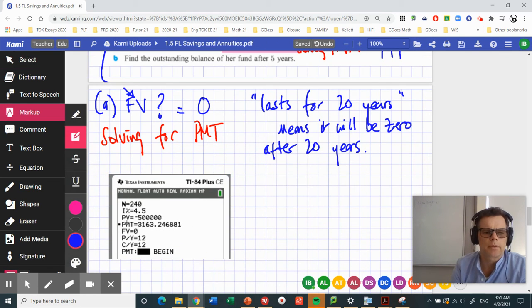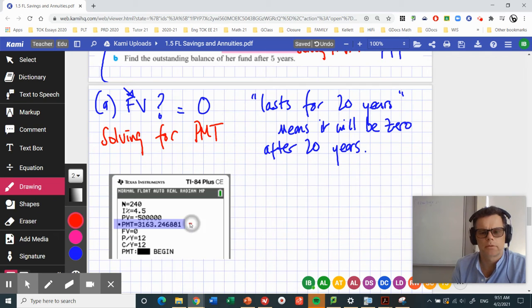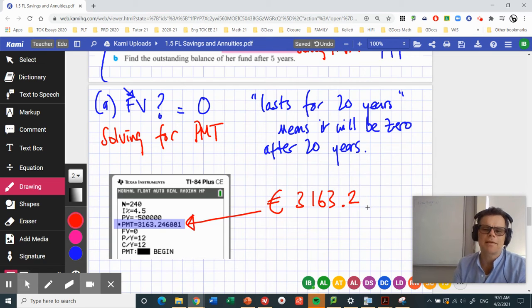So let's mark that up. There's my answer there. So she can take out, it's euros, not dollars, 3,163 euro, 20 something cents. Now you might think, well, the 4 is followed by a 6, so round up, but you can't actually take more money than is in the account.